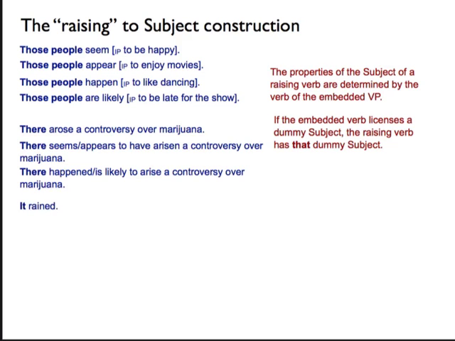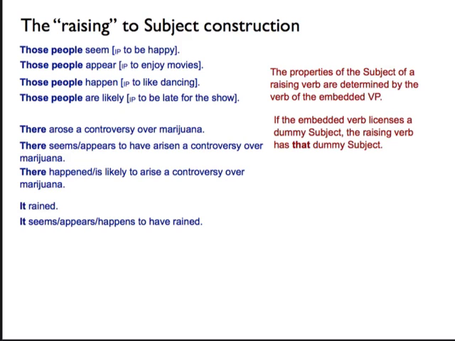There are other verbs that license dummy it. Weather verbs, in particular, license a dummy it, and it's fine to have that. That's the one you get with appears and happens and is likely. So it appears to have rained. Now notice this is critical, right? It's not the it that comes with seems, because there is a necessity for having an it.